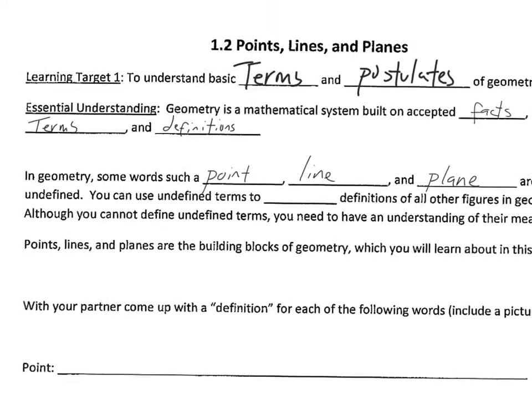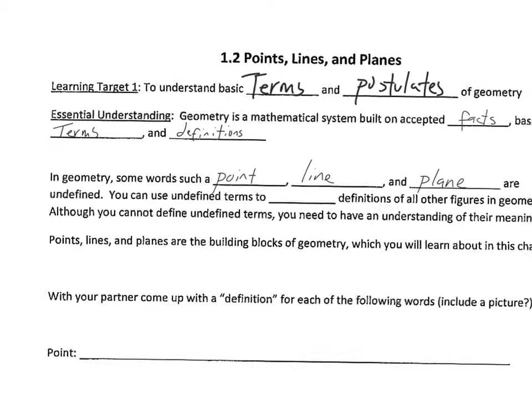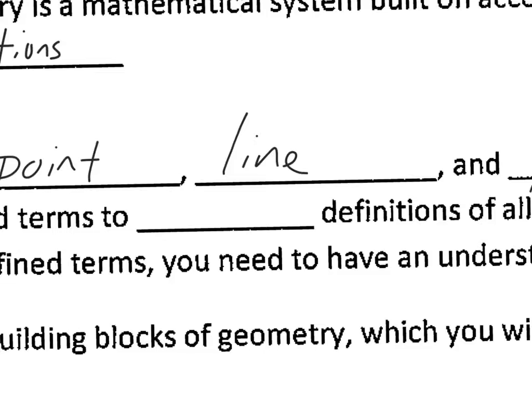Here's the thing though. We use these three words, the word point, the word line, the word plane, to build definitions of other geometric shapes, really. You know that a square is four lines, and more specifically, four lines that are all the same length.